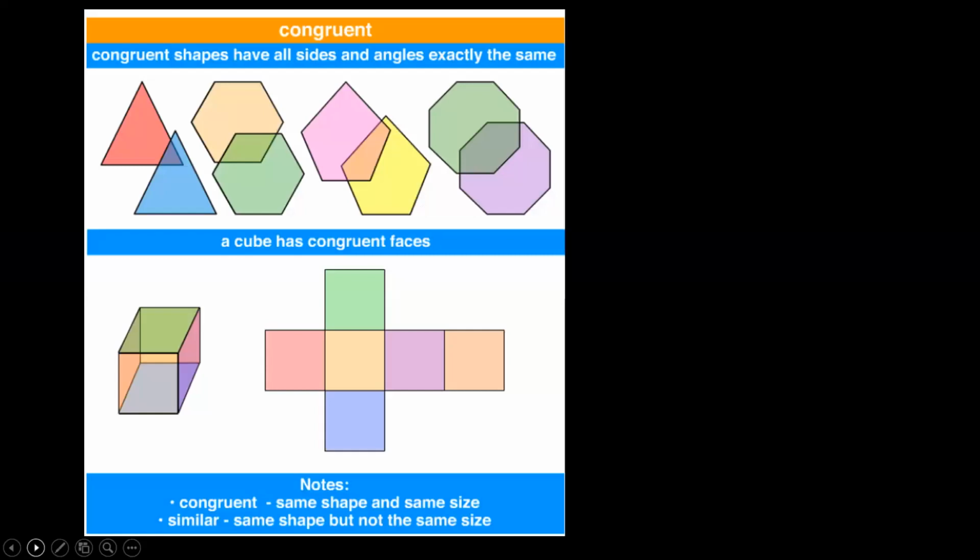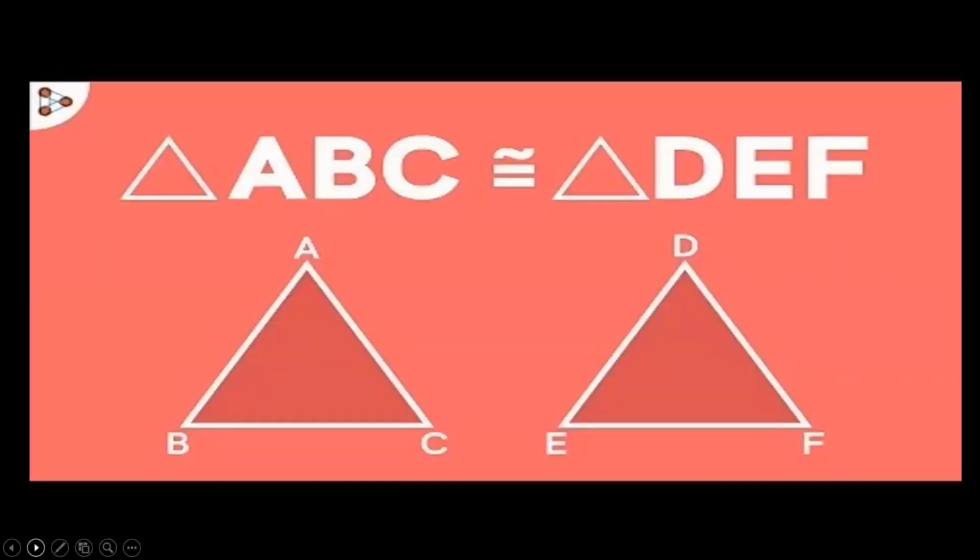And we also said the difference between congruent and similar shapes. If we have these two triangles, we will say that the triangle ABC is congruent to the triangle DEF. How can I know that this triangle is congruent to the other triangle?